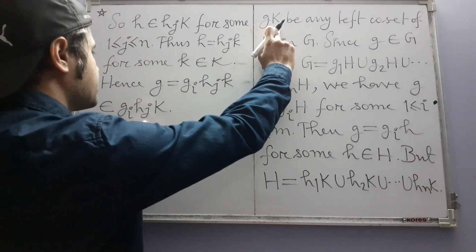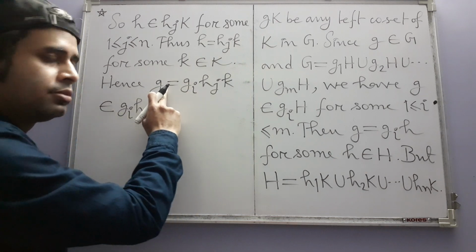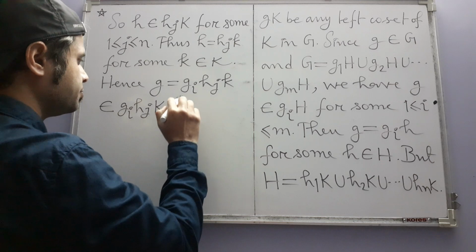These two left cosets are not disjoint because both of them contain g, and that is why they have to be identical.